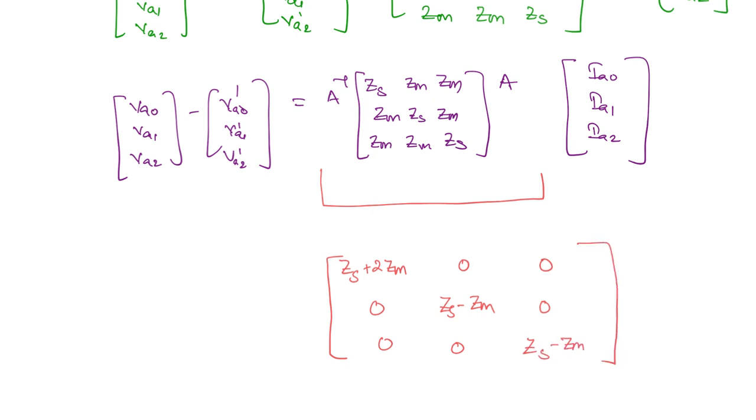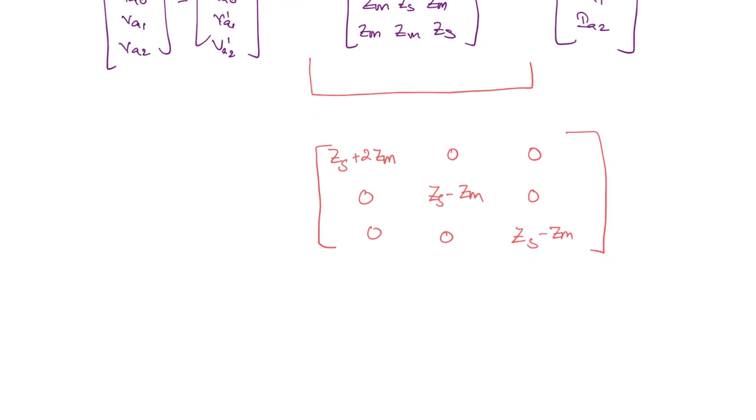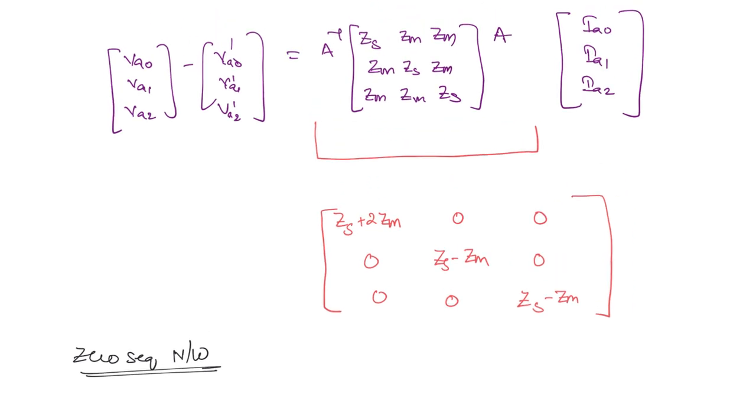So now you can write the sequence networks. Zero sequence network, if you take, what is the equation here? From here you can write VA0 minus VA0 dash is equal to ZS plus 2 ZM into IA0. We are getting decoupled equations here.